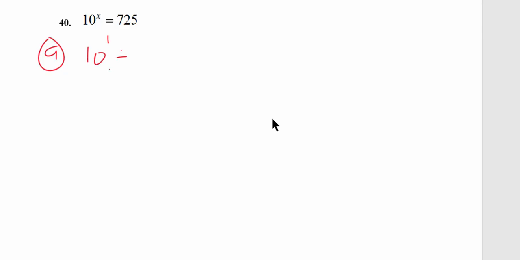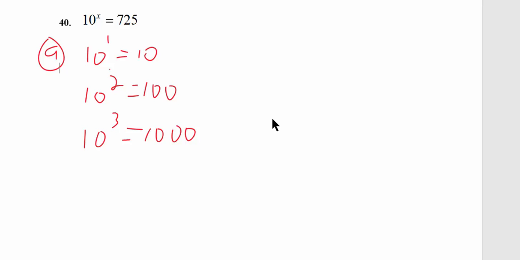Let's try number 40. All right, so for number 40, if I'm going to solve by estimating, part A will be estimate. Remember, 10 to the 1 is 10. 10 to the 2 is 100, right? That's still too small. We need 725. 10 cubed is 1,000. So that's our winner.